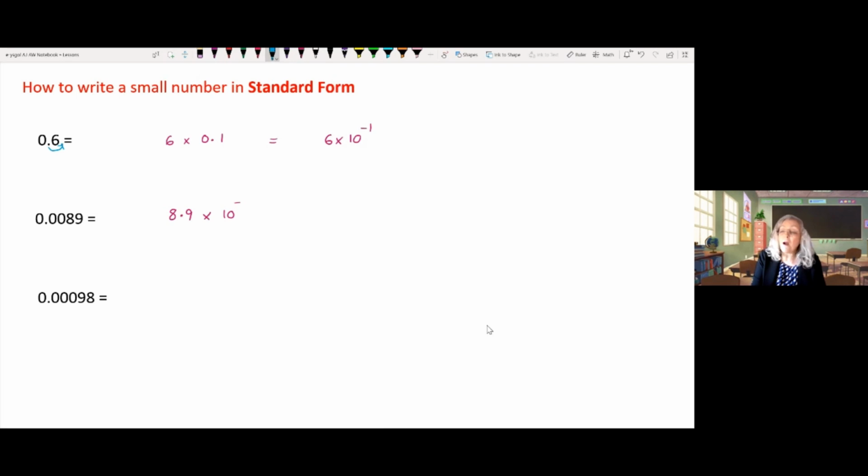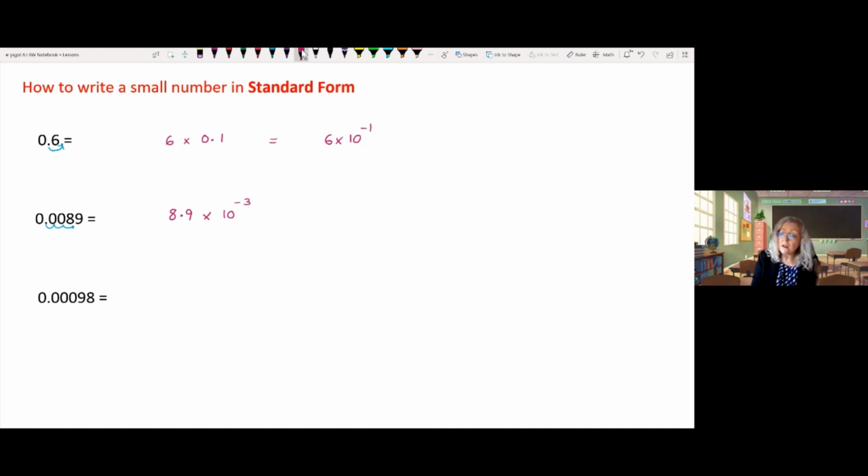So I need to think about how many times I'd have to move the number. It's currently 0.0089 and I want it to be 8.9. So I would have to move the number 1, 2, 3 places in order to get the decimal point in the place that I want. So this is going to be 8.9 multiplied by 10 to the minus 3.